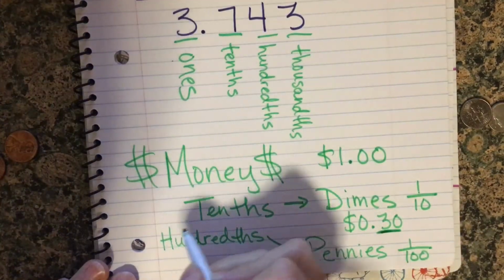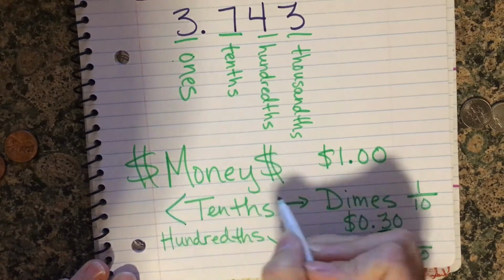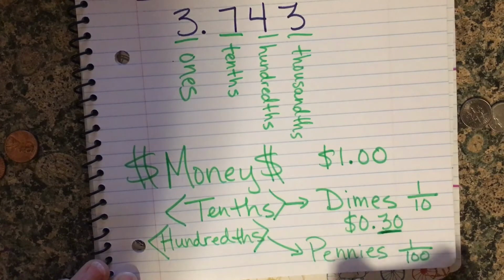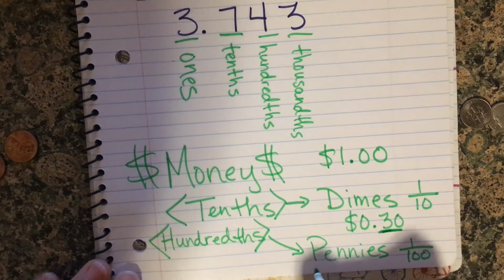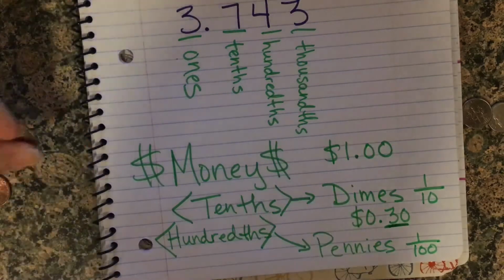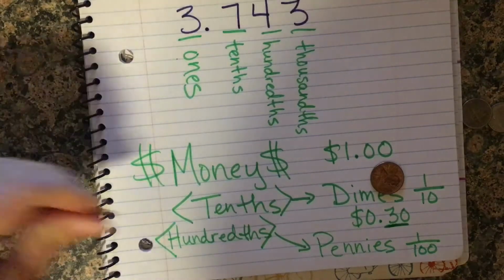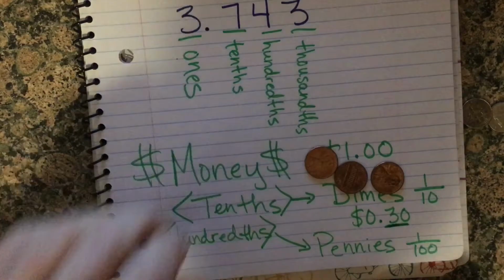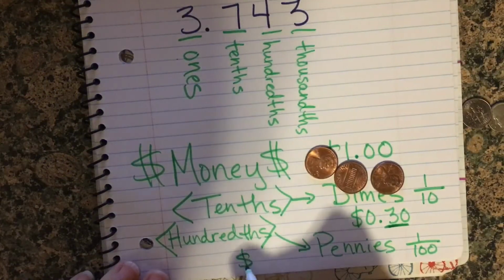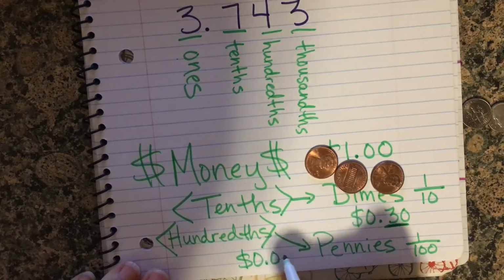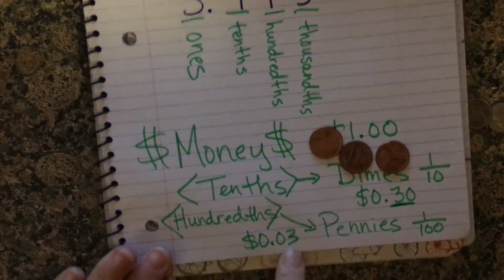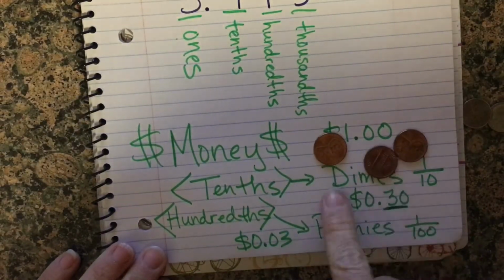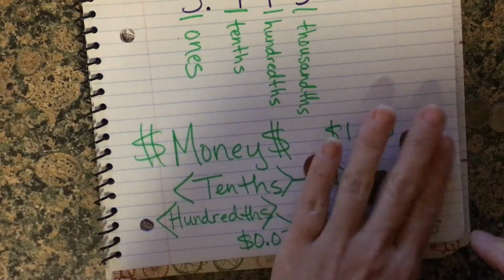So when you think about tenths, think about dimes; hundredths, think about pennies. 3 cents is written differently than this. 3 cents is written 0.03 to show 3 pennies is 3/100ths of a dollar. So these are my pennies, they're my hundredths.